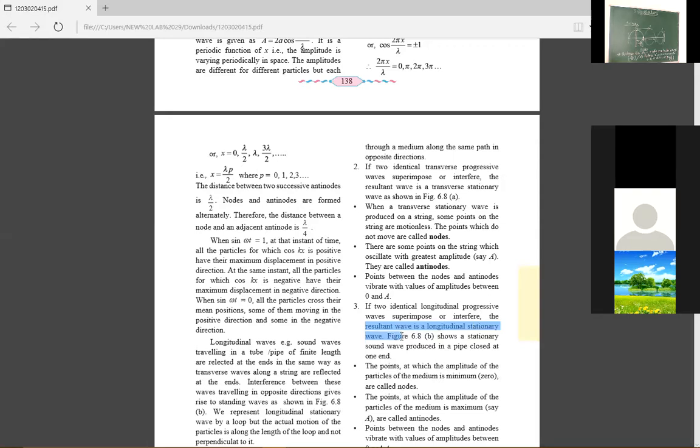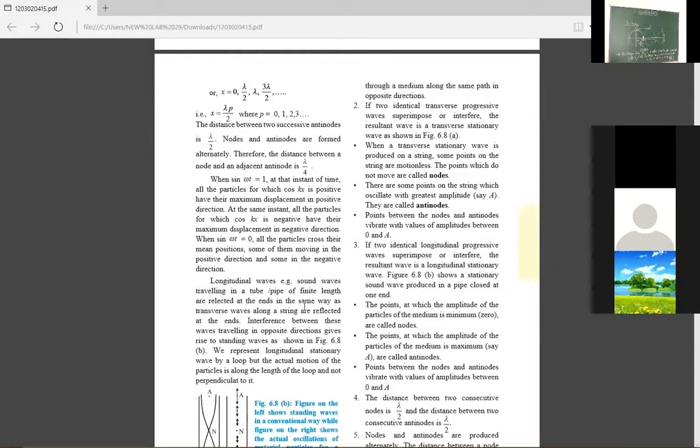Okay. In this also, the points at which the amplitude of particles is minimum are called nodes, and the points at which amplitude is maximum are called antinodes.